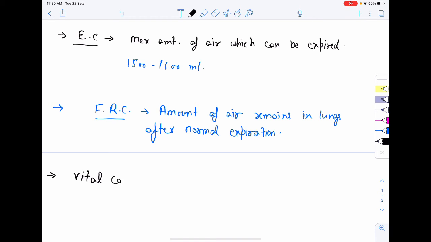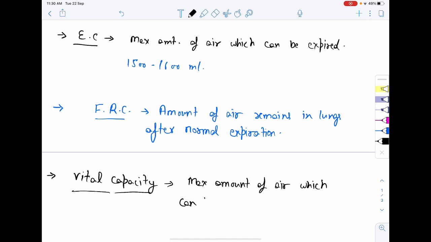Okay, so the next part is vital capacity. Vital capacity is the maximum amount of air which can be expired after forcible inspiration.